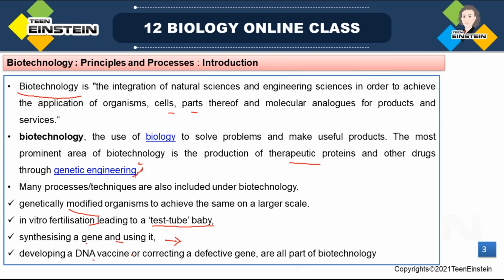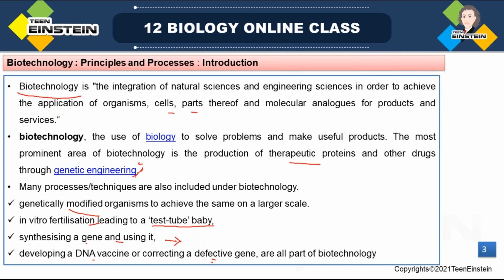We know very well how important such things are nowadays, due to corona and COVID. Then correcting a defective gene. A defective gene may cause different kinds of diseases. A problem occurring to a gene in the body, whether in a plant or animal, can create a lot of issues, right? Everything is related.